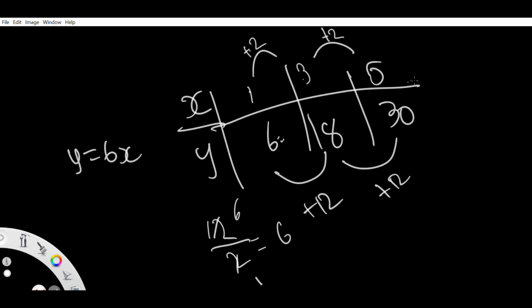And finally 5 into 6, you get 30. So we could say that the slope is 6, since y is equal to 6 times whatever x is. So if x is 1, then y has to be 6. And the constant of variation over here would be 6. So 6 is equal to the constant of variation.